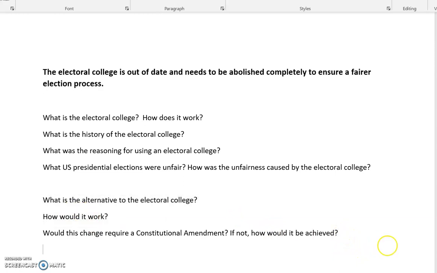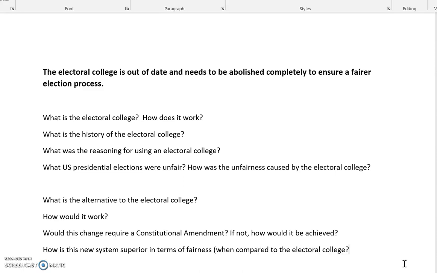But we'd also need to say, how is this new system superior in terms of fairness when compared to the Electoral College? Okay.